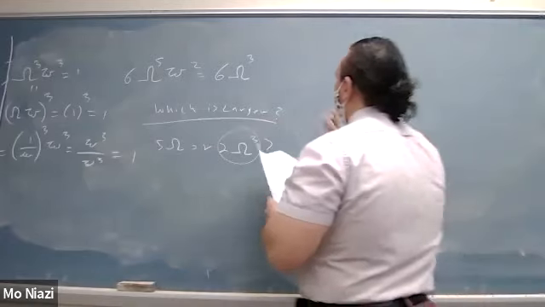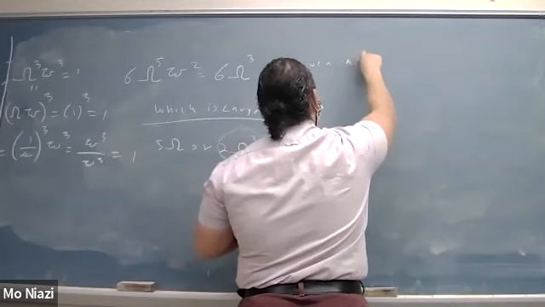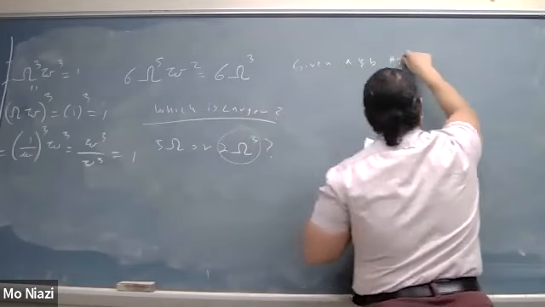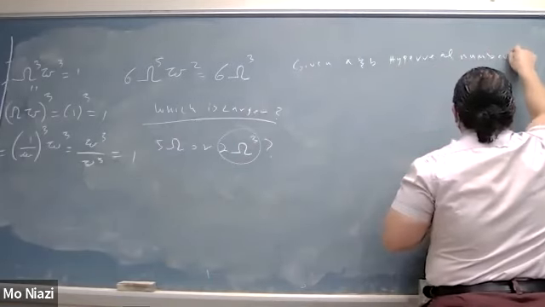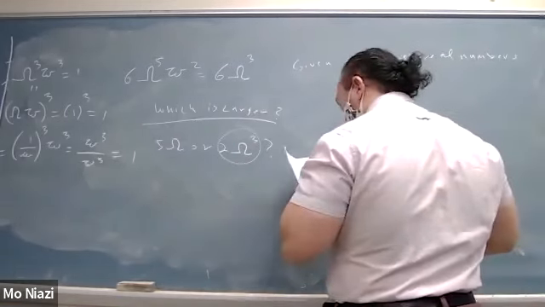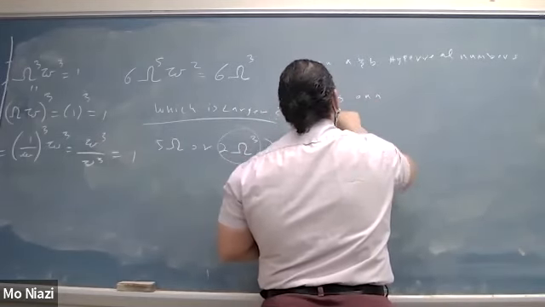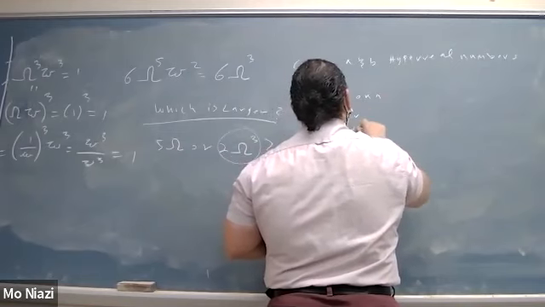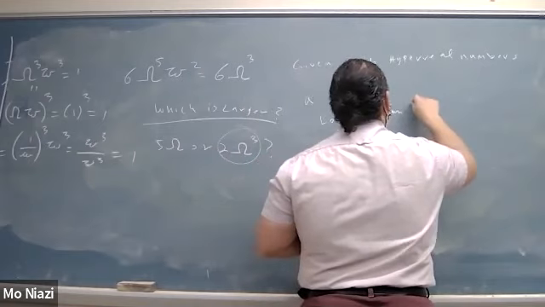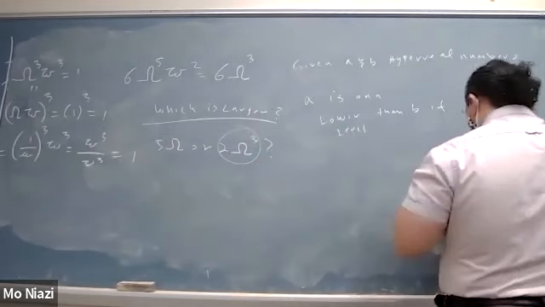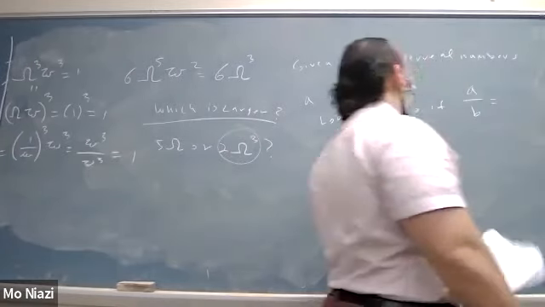So we've got a definition here. Given A and B hyperreal numbers, A is on a lower level than B if A over B is equal to what?